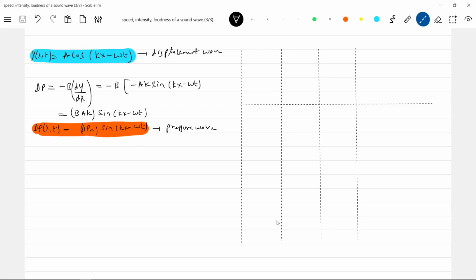All the things, even the energy also, I'll try to explain here only, since now we know energy also. Now, what is the displacement wave? How will the displacement wave be?